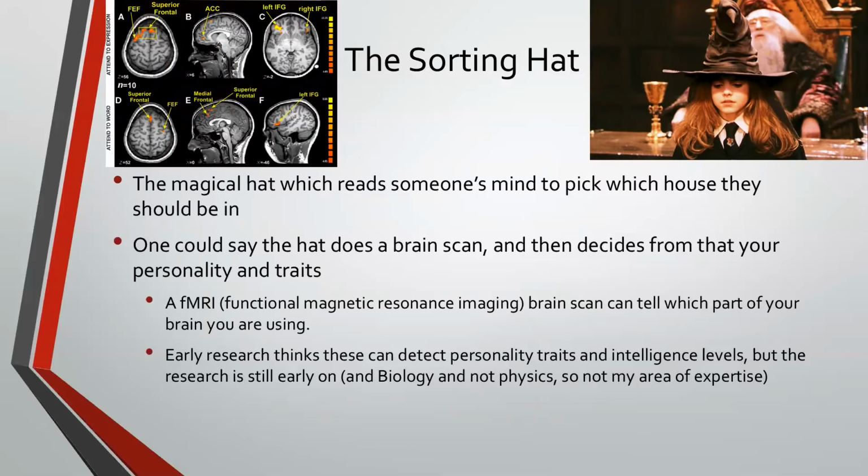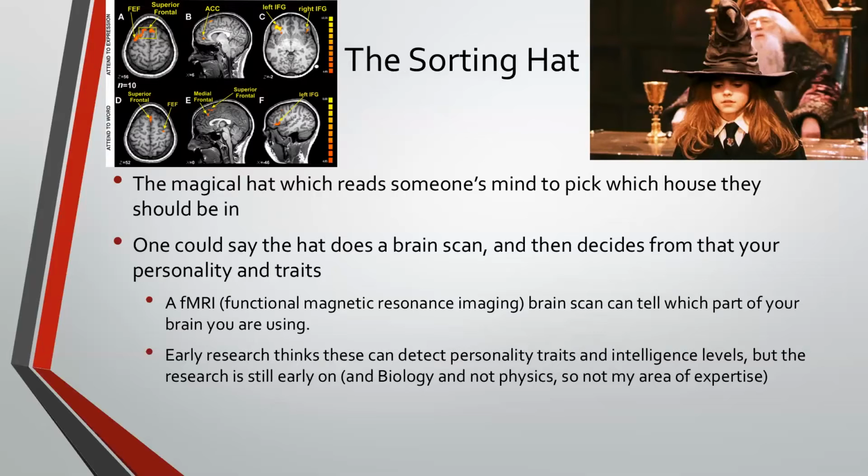So, there's a certain type of brain scan, fMRI, functional magnetic resonance imaging. It's a brain scan that can see where different parts of your brain are firing. And I actually read a few papers in preparing for this, and there's some early research. It's just starting now, but they think that by doing this fMRI and seeing what parts of your brain fire during certain things, basically they give you little quiz stuff to look through, what they found is certain personality traits and intelligence levels fire different ways.